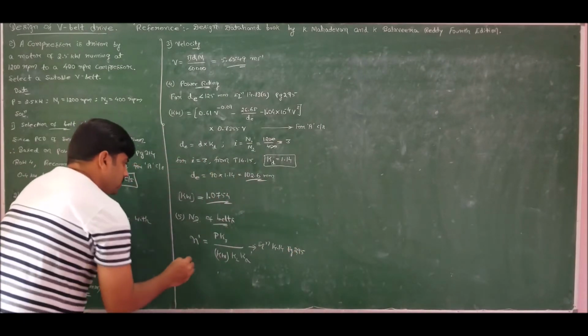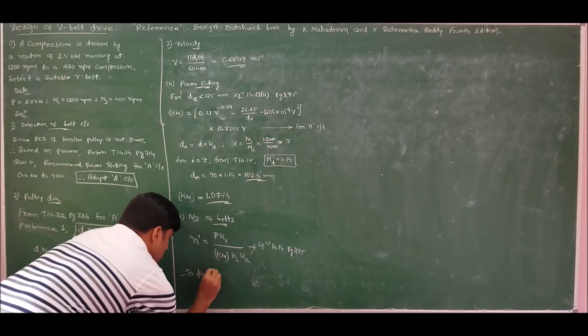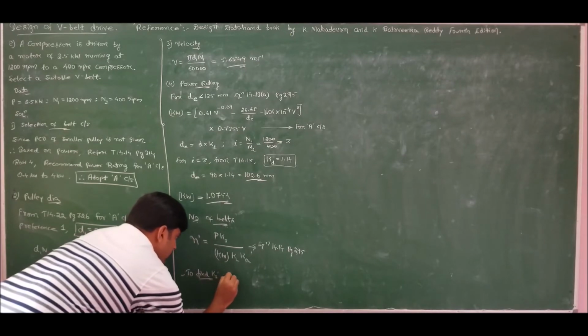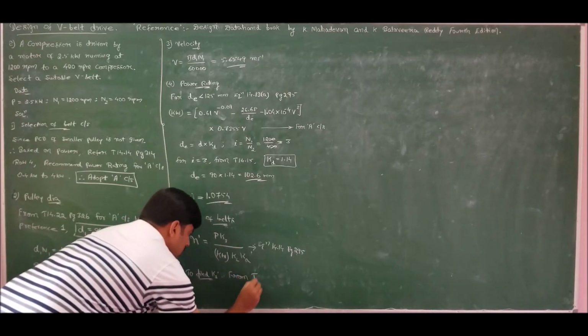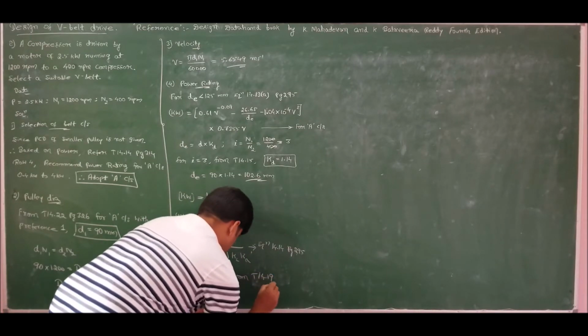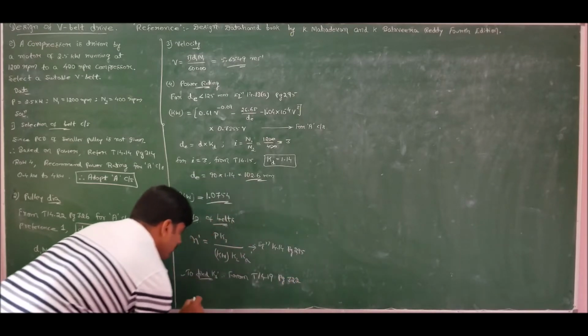Now you have to find the value of Ks from table 14.19, referring to page 322.